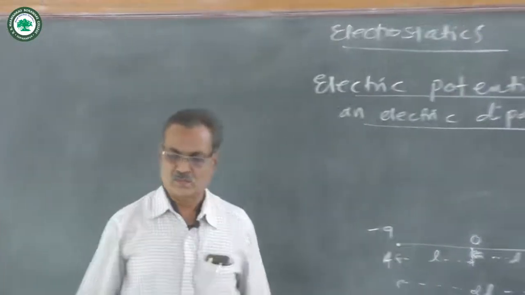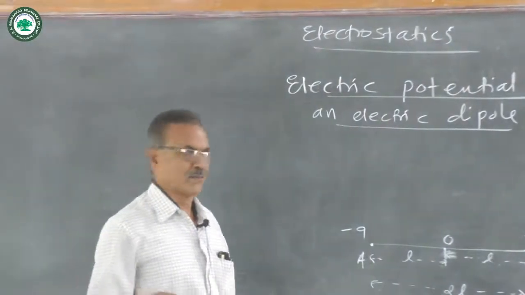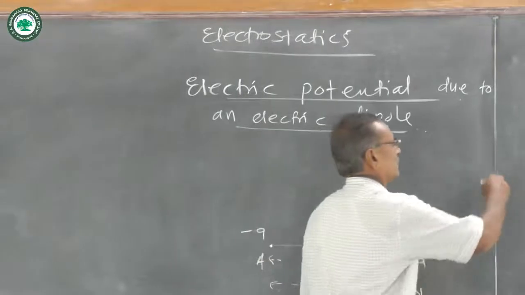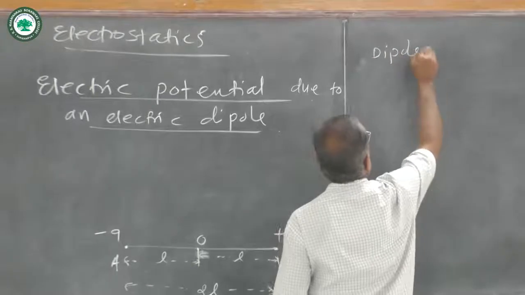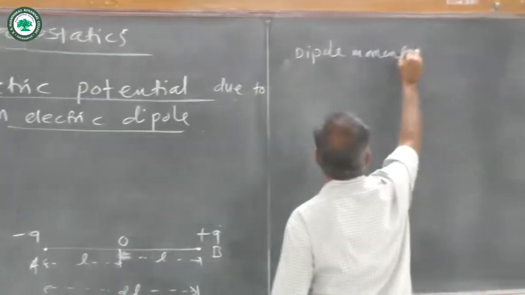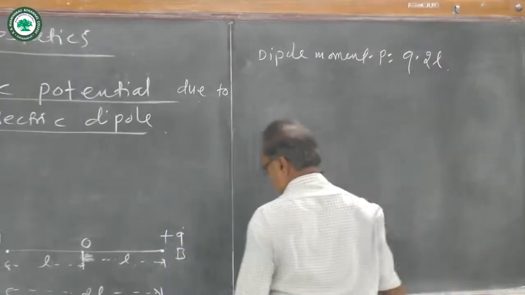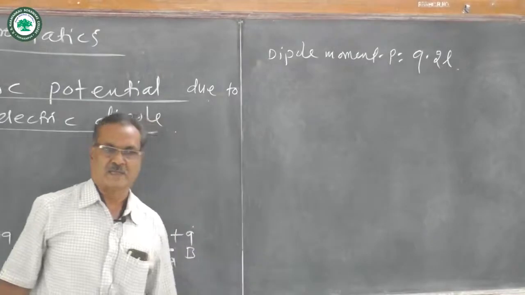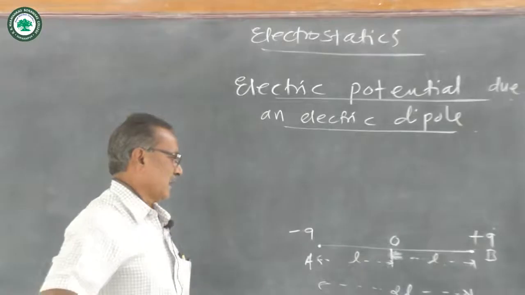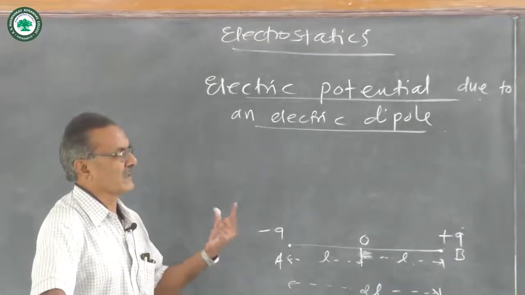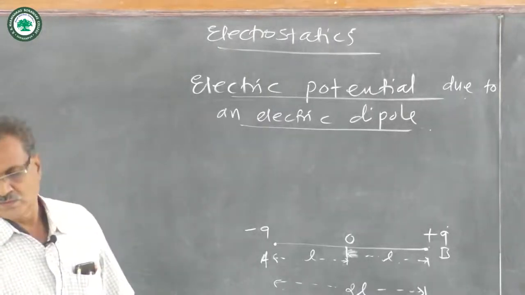We have to find out its electric dipole moment, that is, the magnitude of the dipole moment. P is equal to the product of the magnitude of the charge and twice L, the length of the dipole. This product of the magnitude of charge and dipole length is nothing but the dipole moment.